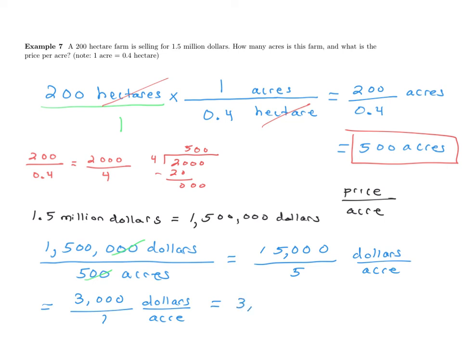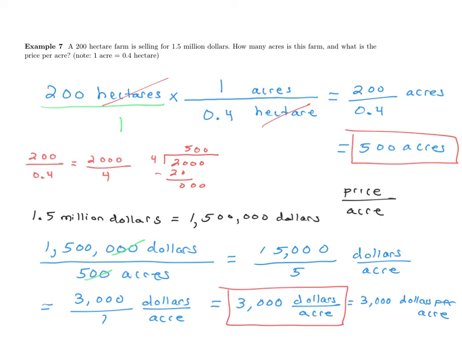You can just say 3,000. And that is dollars per acre. You could also write this as 3,000, you could actually spell out the dollars and then put per acre, and we're saying the same thing, but the amount is this, 3,000. That's the price per acre.